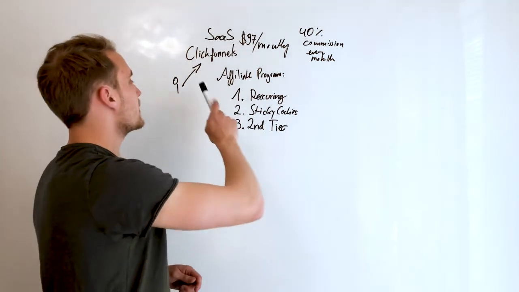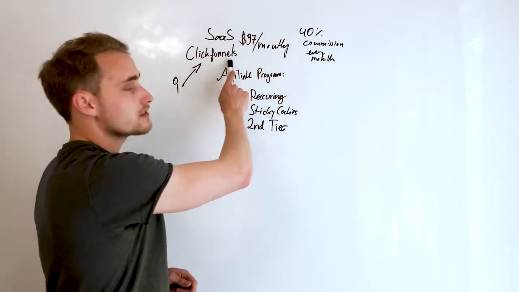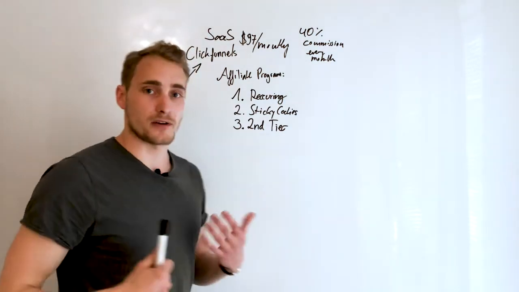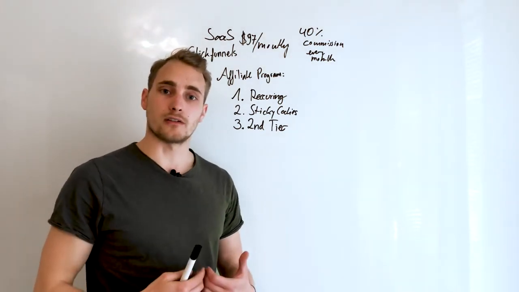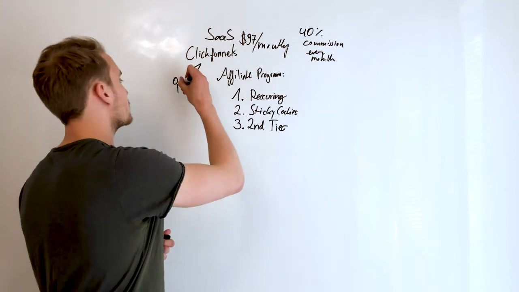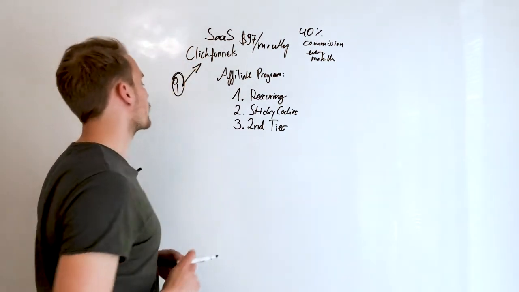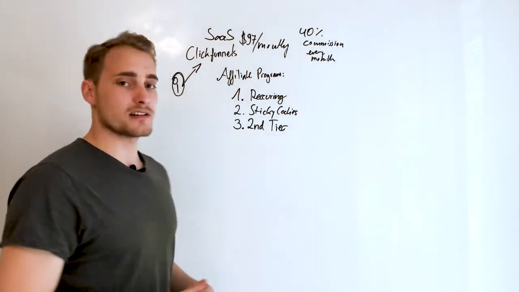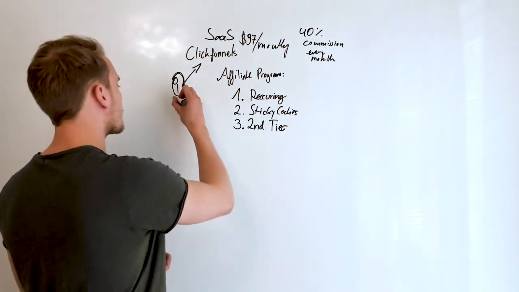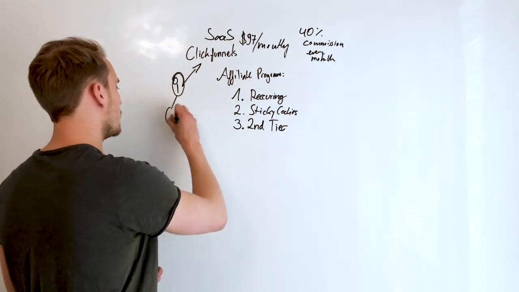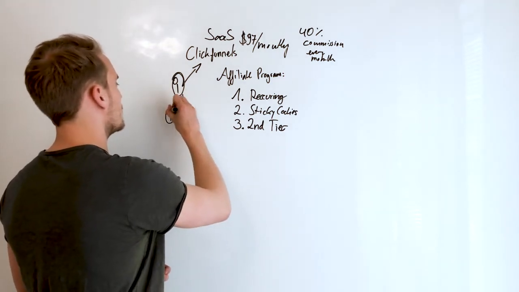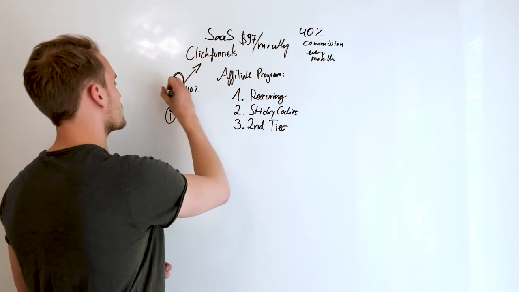Now, let's say that this guy you refer one day decides, hey, awesome, this affiliate program sounds very nice, I want to promote ClickFunnels to others. So this person you initially referred as a customer also becomes a ClickFunnels affiliate. And now this guy refers another guy and another guy, and he earns those 40% commissions, right?